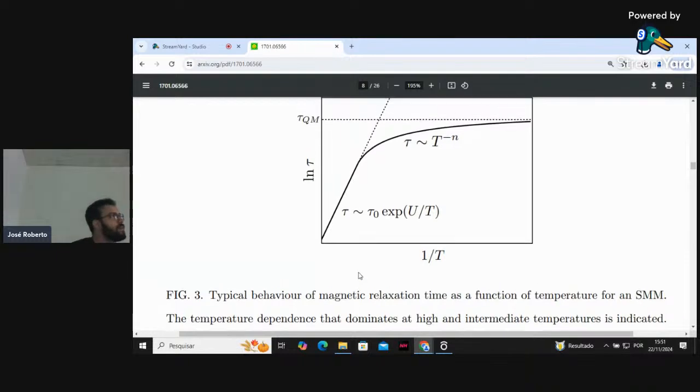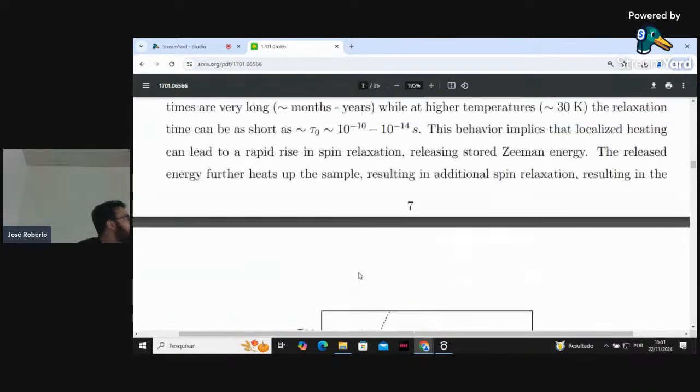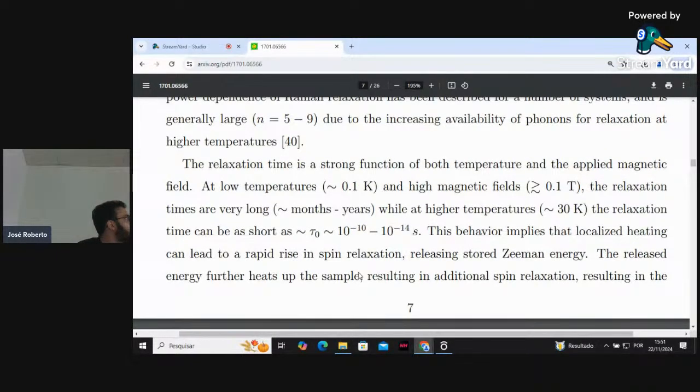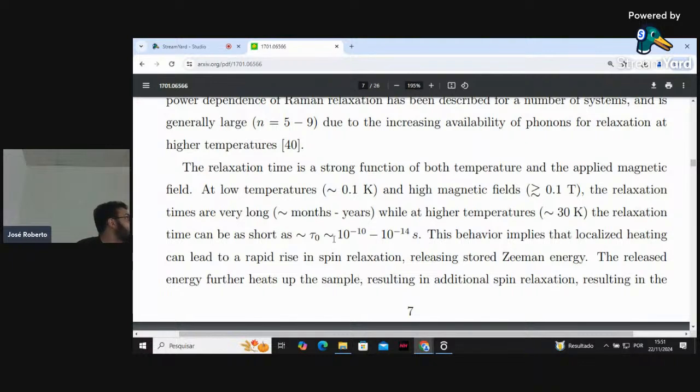Sorry, just go back a bit. Oh, 10 to the minus 10. This is when the magnetic field is not on and you have high temperature. If you have a high magnetic field, the relaxation time is very long, months to years.